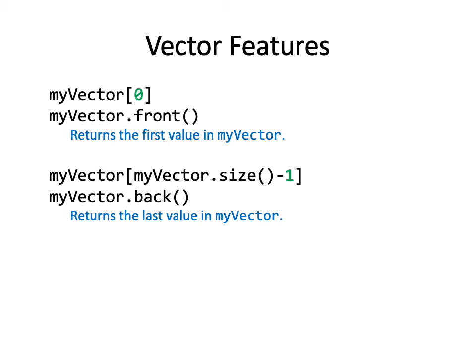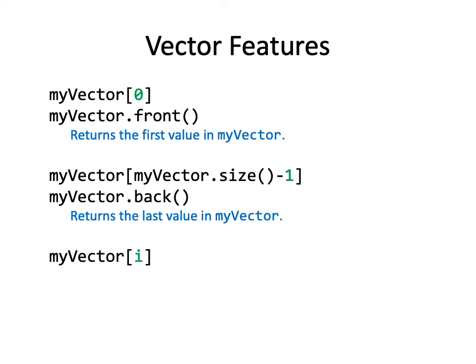Now, the very first line there, myVector bracket myVector.size minus 1, you could say all that equals whatever value. But myVector.back, you couldn't say myVector.back equals 3. The back function, like the front function, is only returning the value. It doesn't let you set the value.